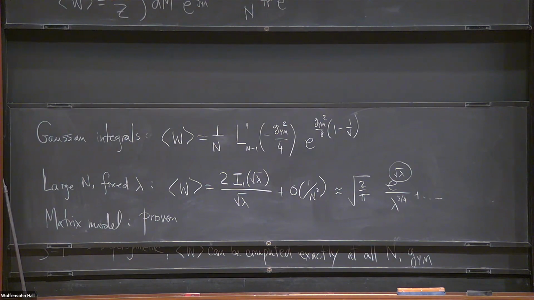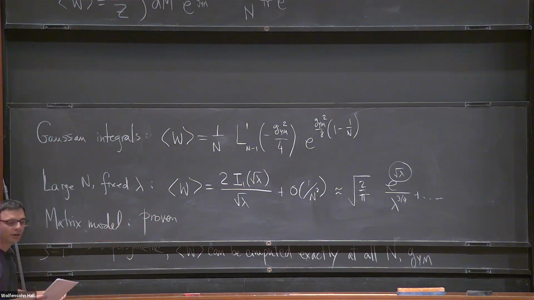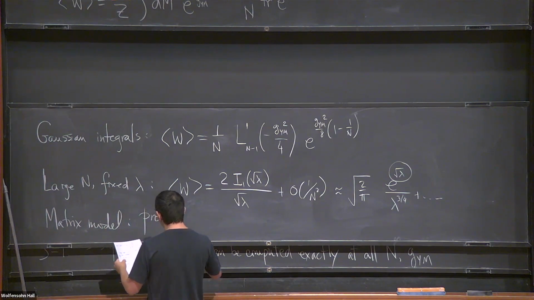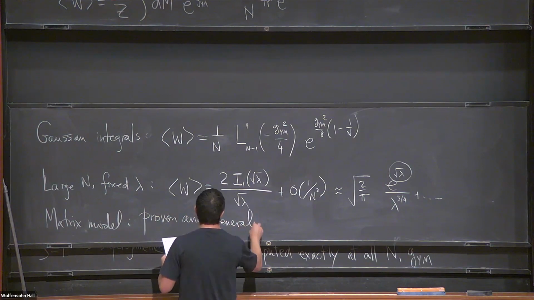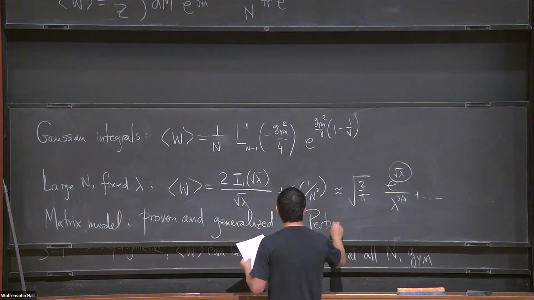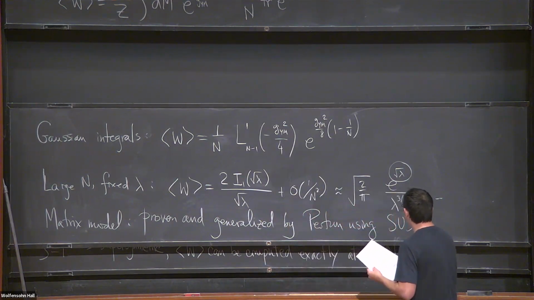So in particular, if we consider the Wilson line with zeta equals 0, that would have a different power of lambda. It wouldn't be lambda to the 3/4, a different power of lambda related to the fluctuations. So the matrix model is proven and generalized by Pestun using supersymmetric localization.